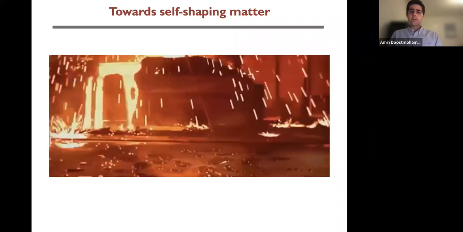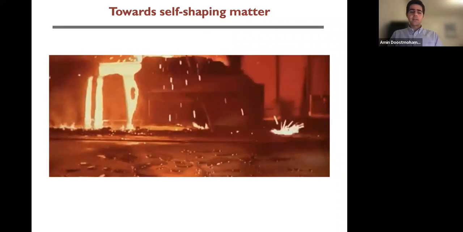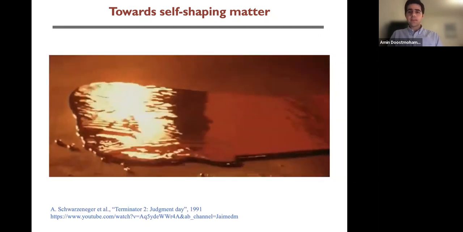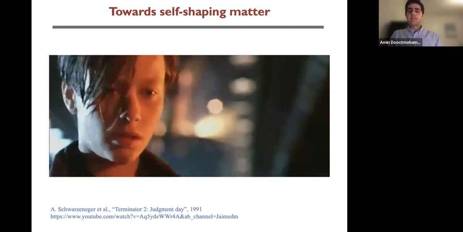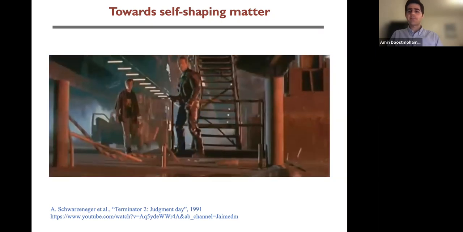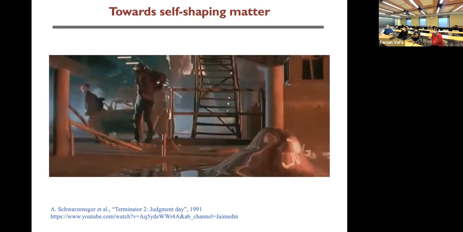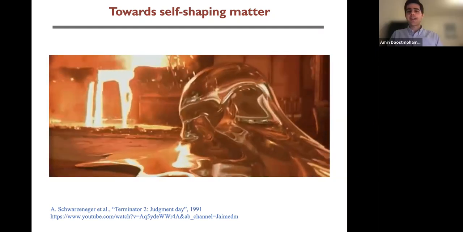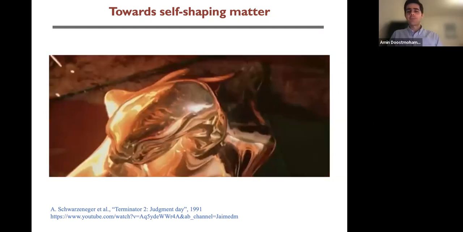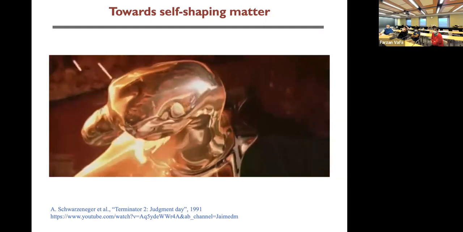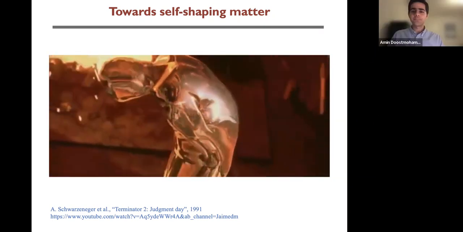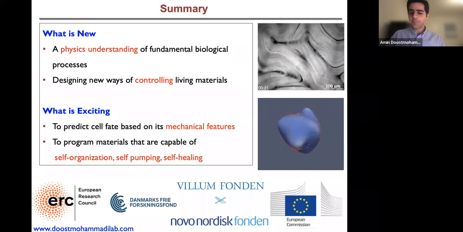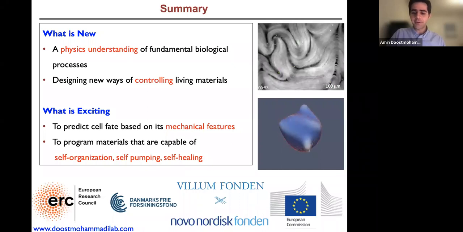In what they called, I think, in the Terminator movie, they called liquid metal, and you can see lots of similarities between this material that is capable of self-deforming and what maybe we are moving to. Hopefully we are not moving towards making Terminator, but with that I would just say thank you to you, and we'll be happy to take any questions.